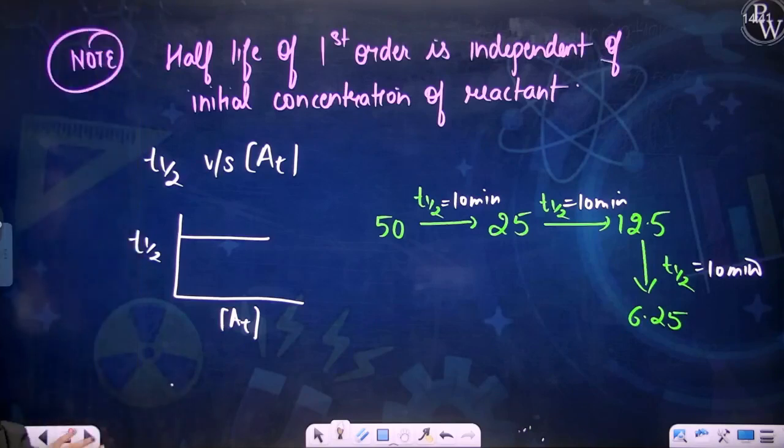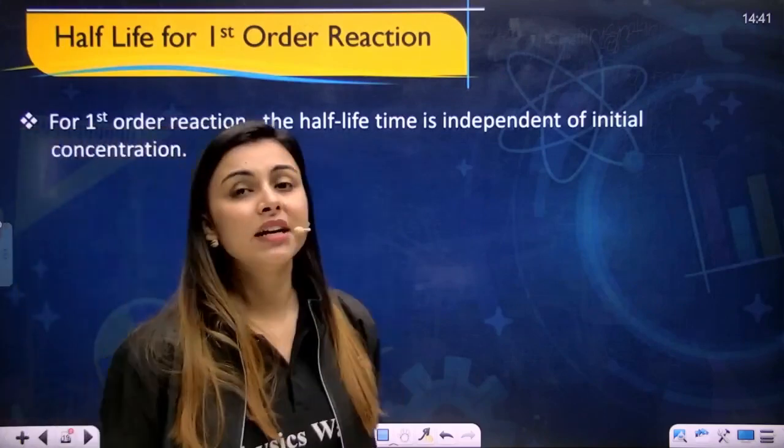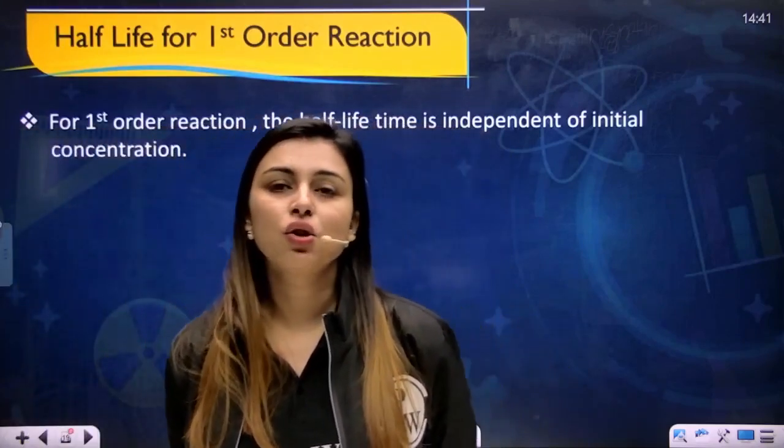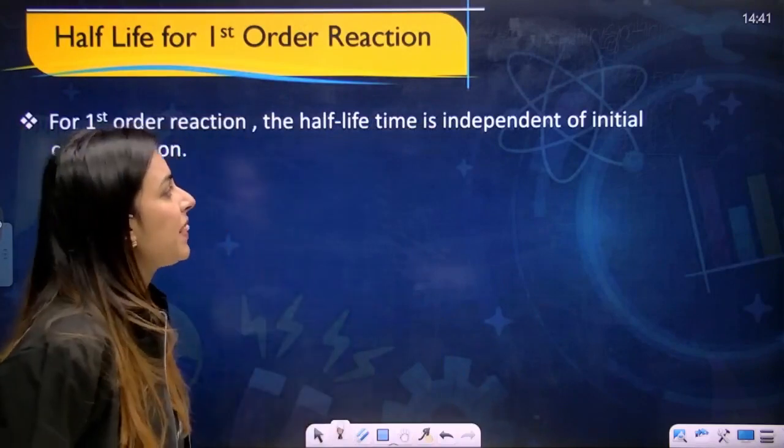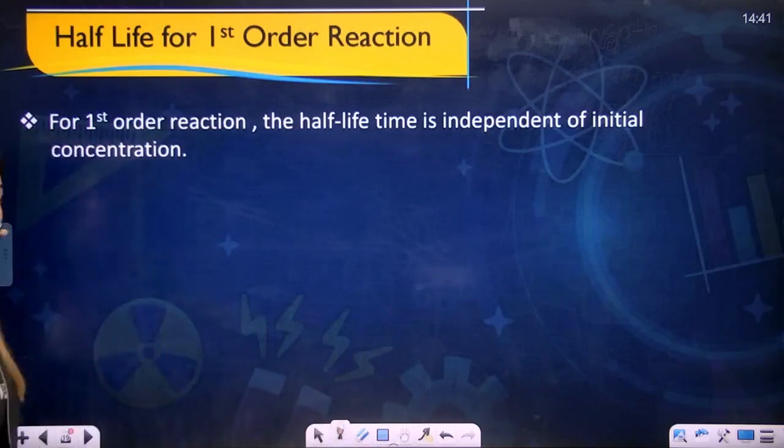I hope you've written it. For a first order reaction, the half-life is independent of the initial concentration of the reactant. It is independent of the initial concentration of the reactant. I hope you are clear with this particular part.